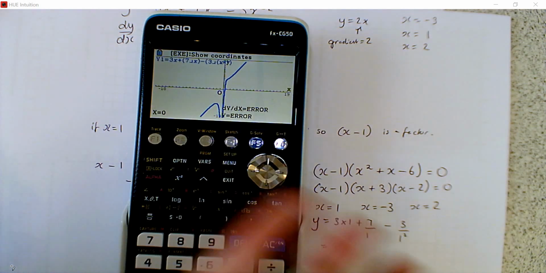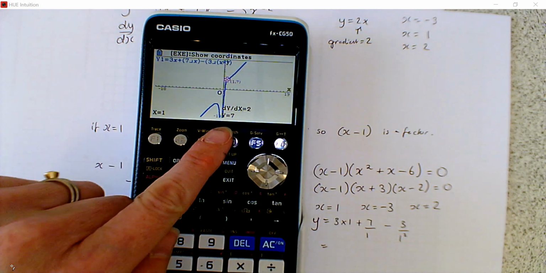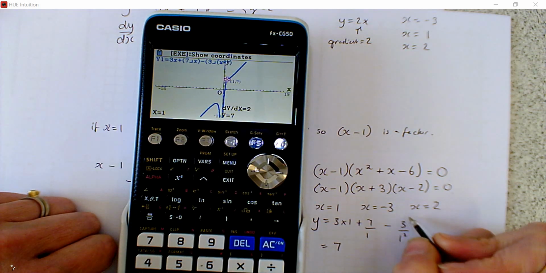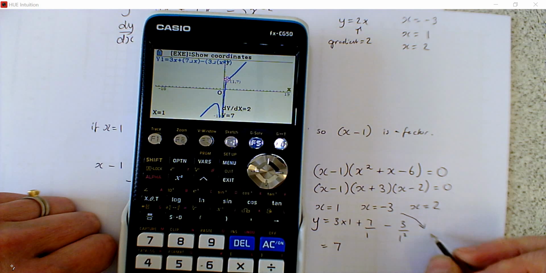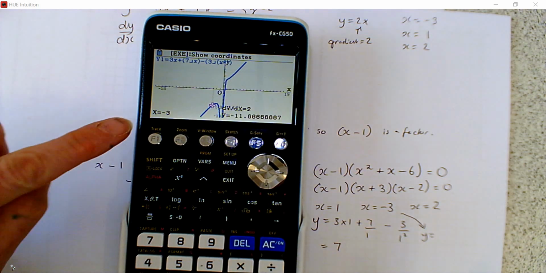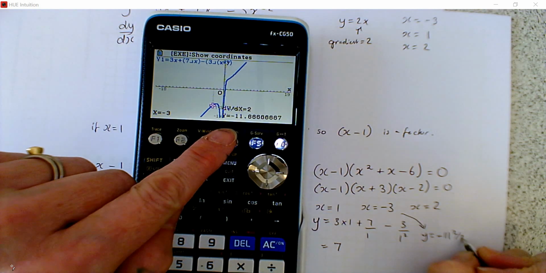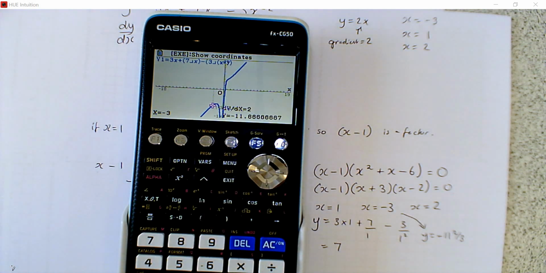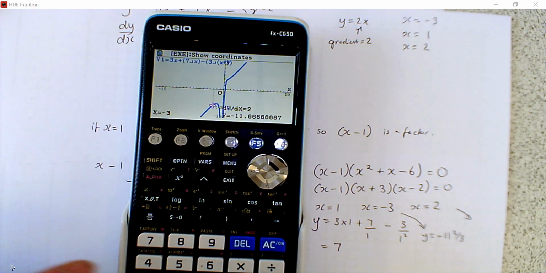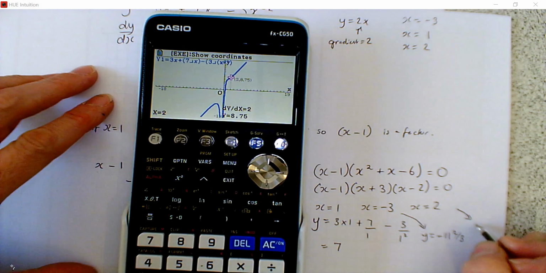And if I use trace and type in my x coordinate is 1, then it gives me my y coordinate is 7. Okay, if I put x is negative 3, then I get my y coordinate is minus 11 2/3, so we'll maybe convert that to something a bit prettier. And then finally, when x is 2, then that gives me 8 3/4.